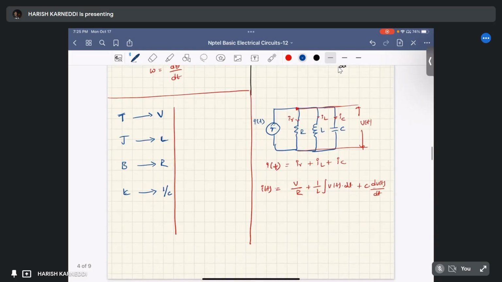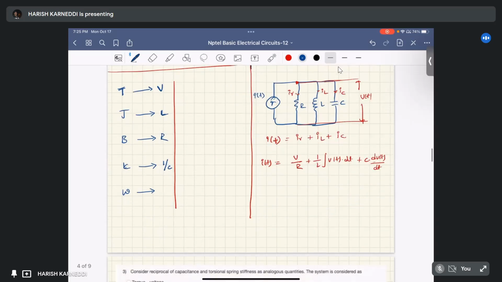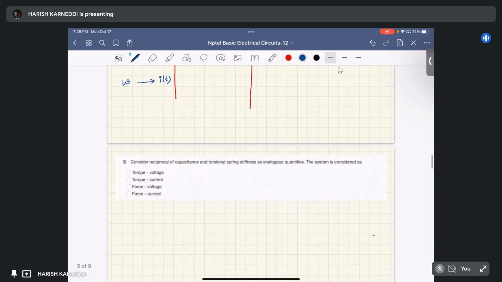And here we represent all the equations with omega, the angular velocity. There it is I of t. And what is omega? Omega is the angular velocity, the change in the angular displacement, that is d theta of t by dt equal to I of t.